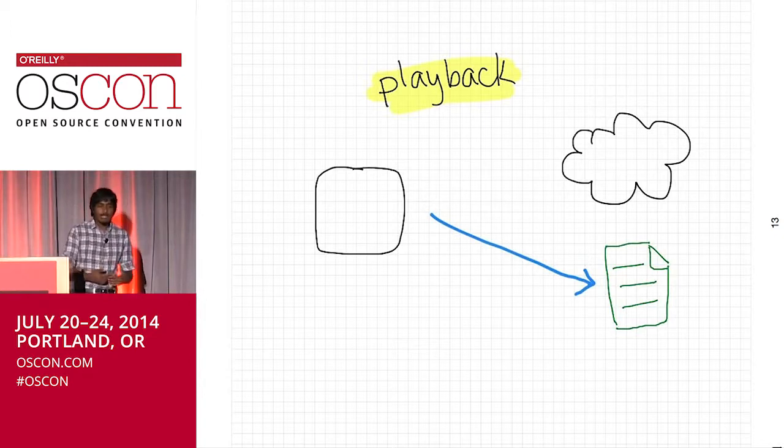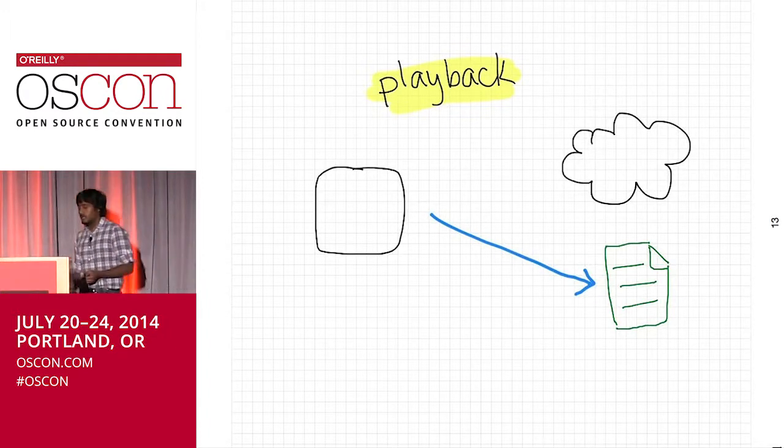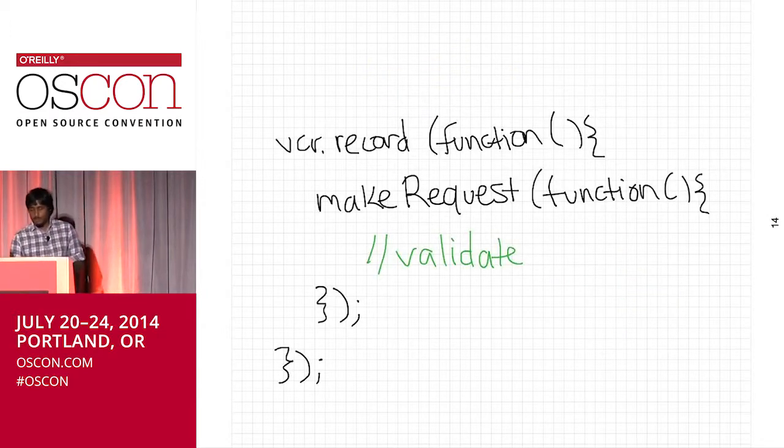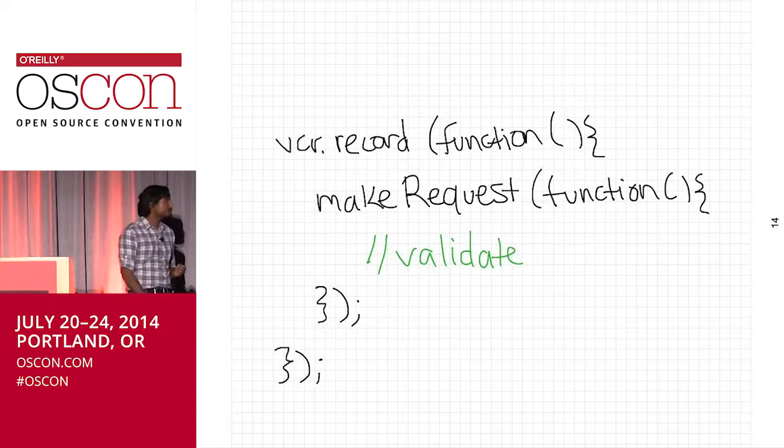And we had some ideas. And there are some modules that existed at the time. But they were not applicable to our case. So take, for instance, a test that we might have written.